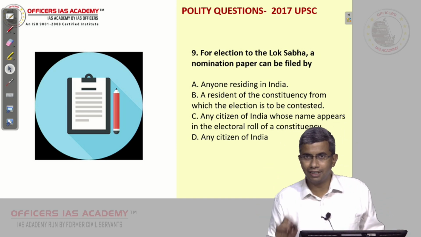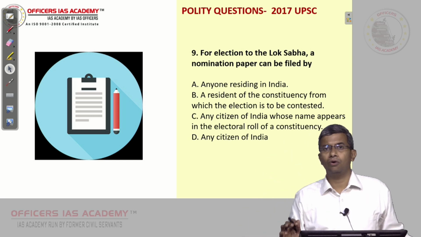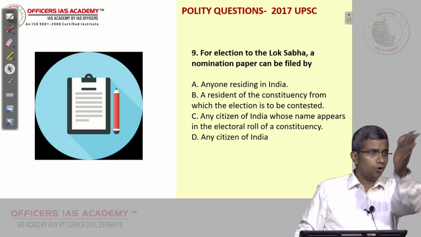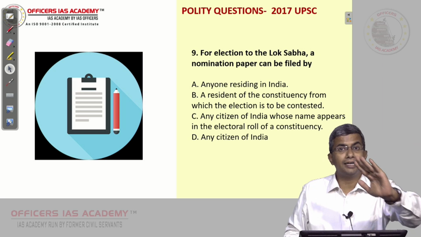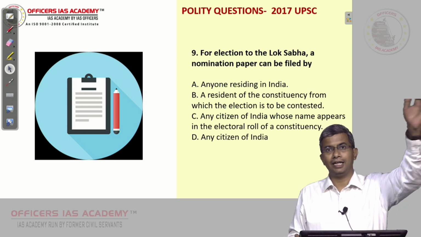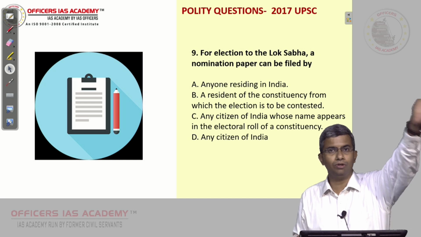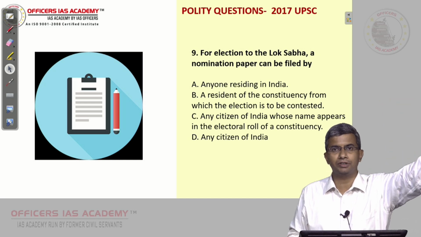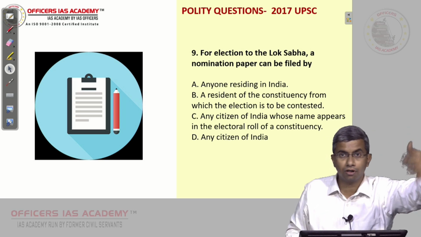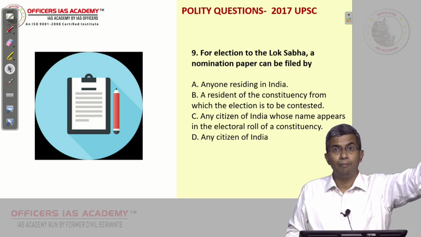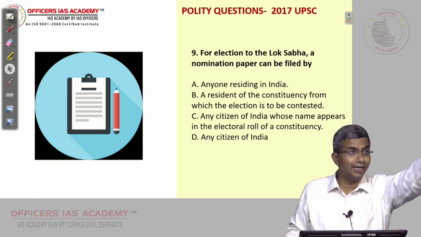So if your name is there in the electoral roll of any constituency, for Lok Sabha it can be of any constituency. For the state, you will have to be an elector within that state. So Mr. Narendra Modi, when he was Chief Minister of Gujarat, couldn't have gone and contested in Maharashtra. He has to be an elector within Gujarat to be able to contest within Gujarat. But to contest the Lok Sabha, he can be an elector in any constituency.